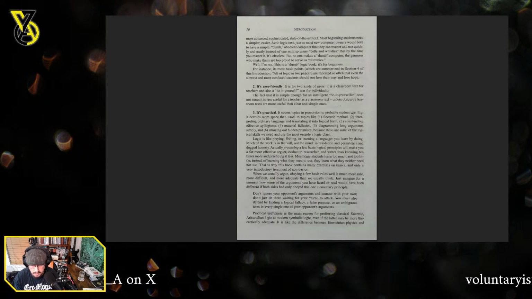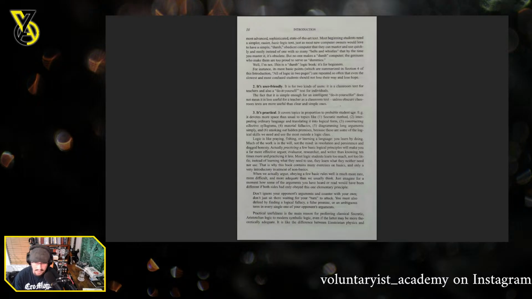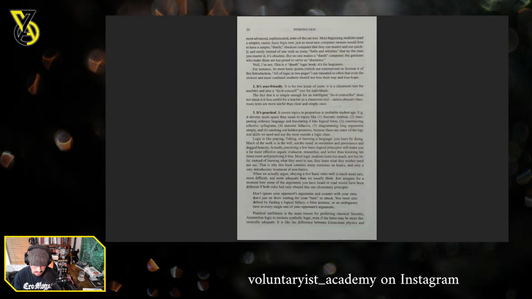Most logic students learn too much, not too little. Instead of learning what they need to use, they learn what they neither need nor use. That is why this book contains many exercises on basics and only a very introductory treatment of non-basics.